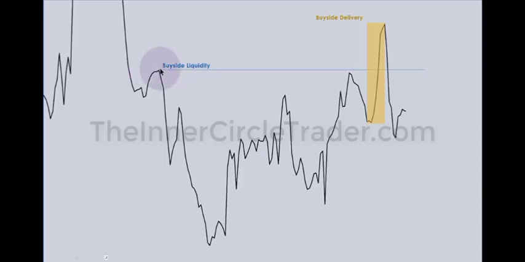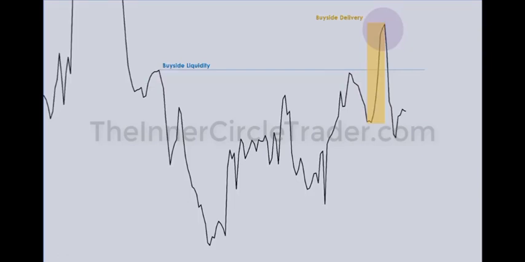Liquidity above a single or a group of highs, that is buy-side liquidity. That's orders that are pending, whether it be a buyer to break out and go long or to protect a short position. Buy-side delivery is the actual animated movement of price moving higher.